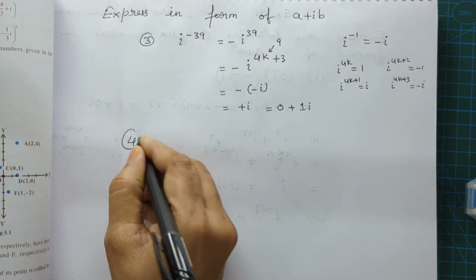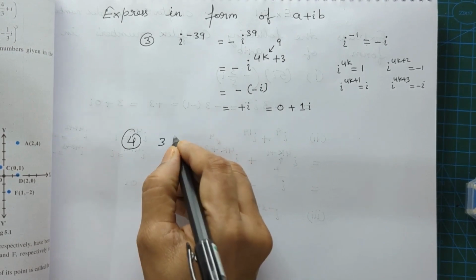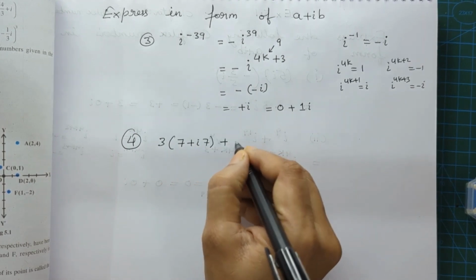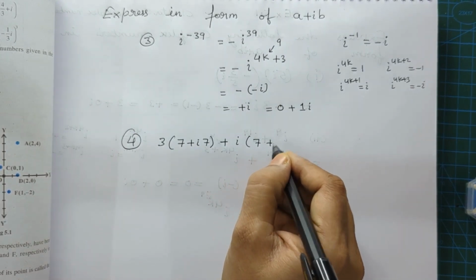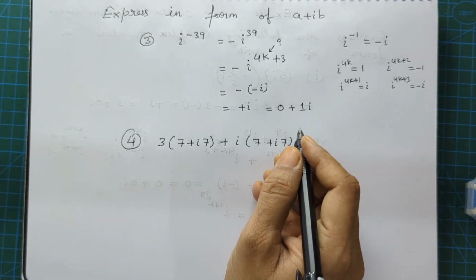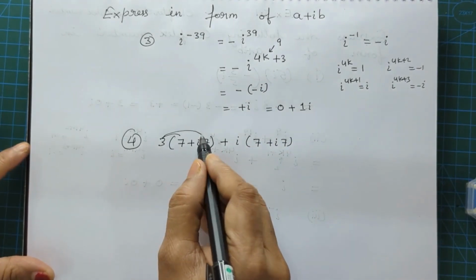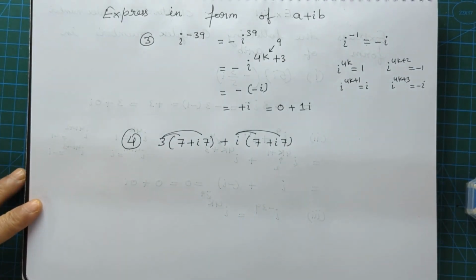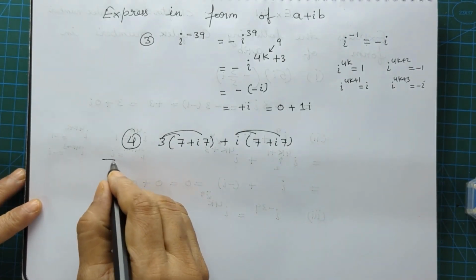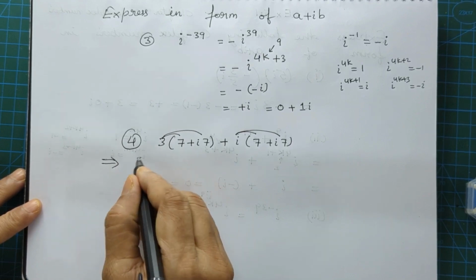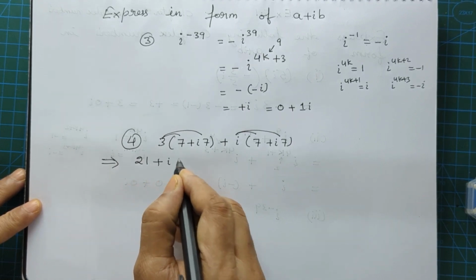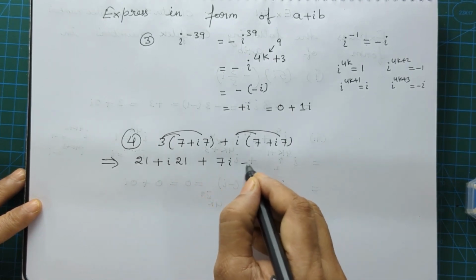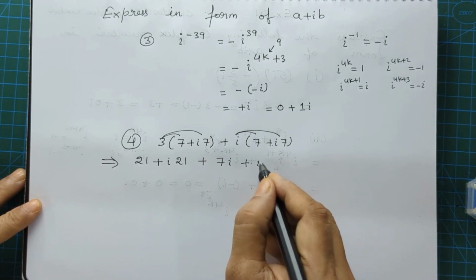The fourth question, we have to write 3 times 7 plus i, 7 plus i times 7 plus i, in standard form. First, we'll use the distributive property. Three sevens are 21, i times 21 plus 7i plus i squared 7.